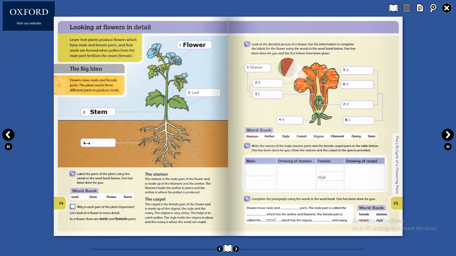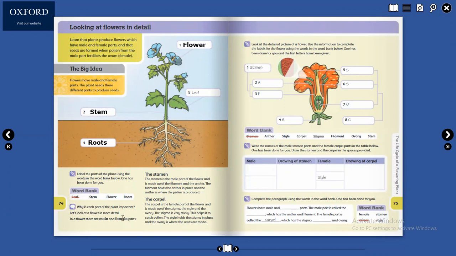Number 4, roots. Yes, it's very easy because we did it now. Yes, I did it in grade 3. Yes, the same. So now label the parts. We did it. Okay, that's done.